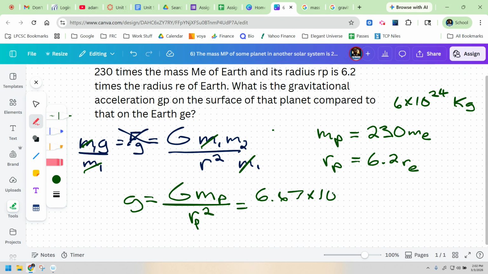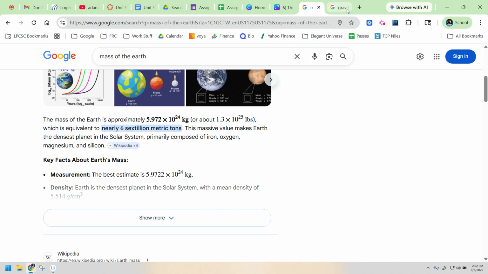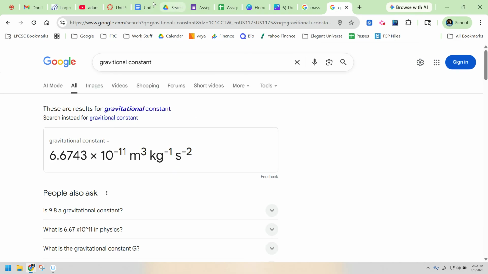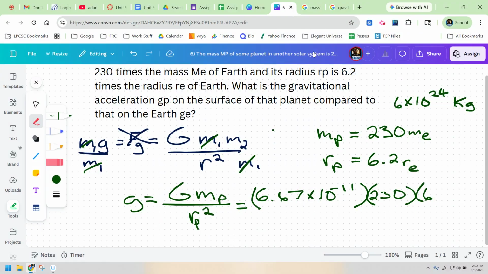Times 10 to the negative 11, that's my gravitational constant, times 230, times, well, maybe I should be a little more precise. What was it? Let's just do 5.97 instead.